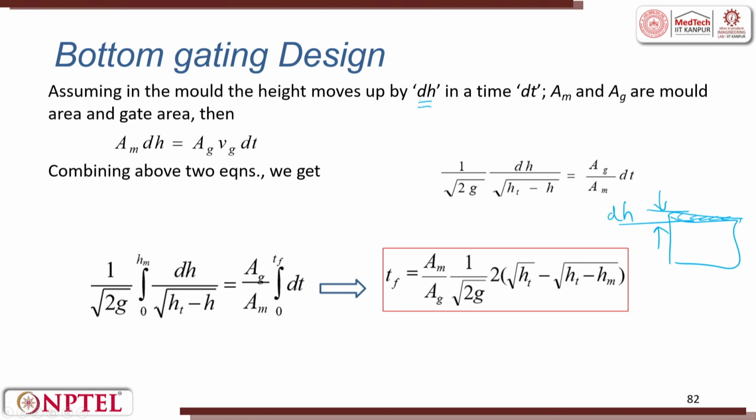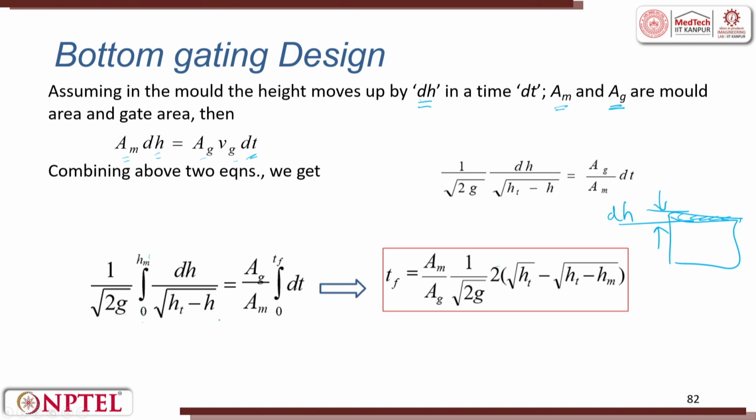Okay. Assuming in the mold the height moves by delta h in a time delta t, AM and AG are the mold area and the gate area. So, AM dH is equal to AG Vg into dt. Now, we combine the two equations and we get this form. So, now we integrate between 0 to HM and 0 to TF, the mold filling time.